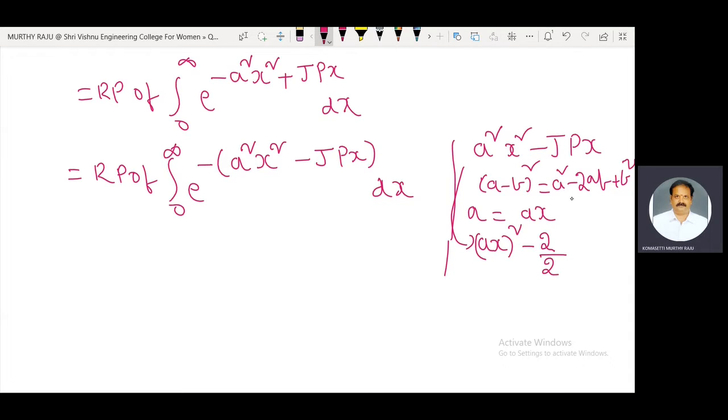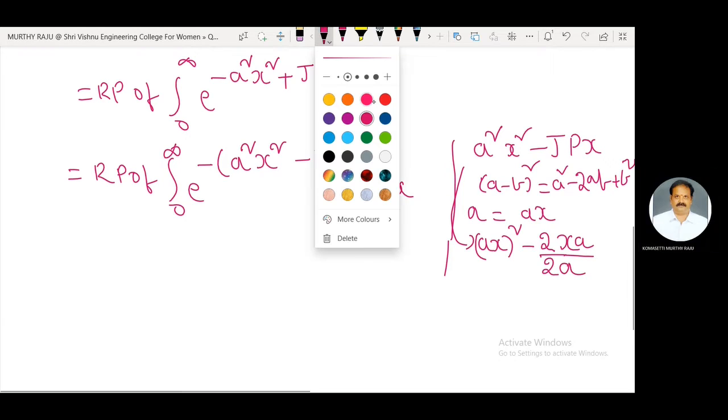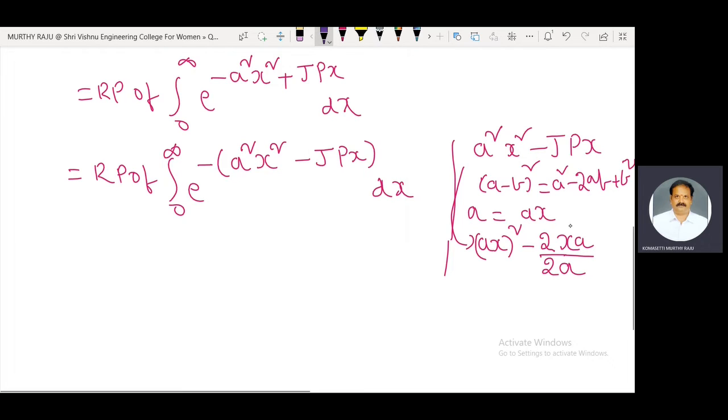Here x term is there. Next, a term is not there, so numerator and denominator are replaced with a, because xa or ax is a.